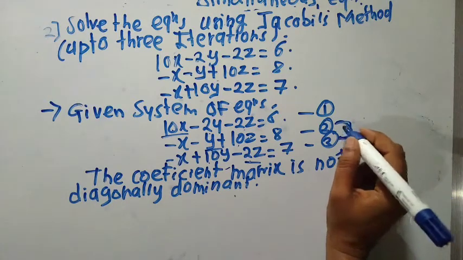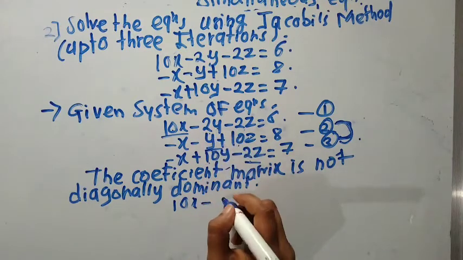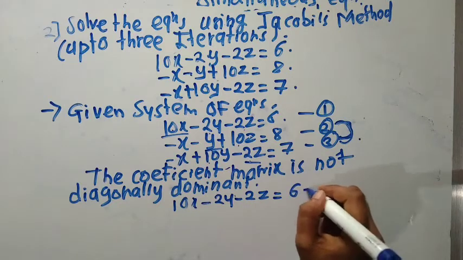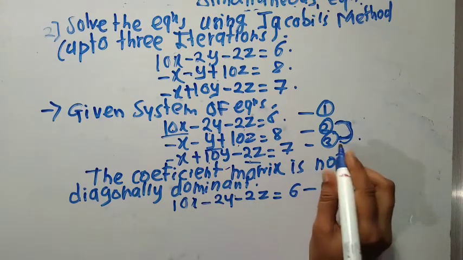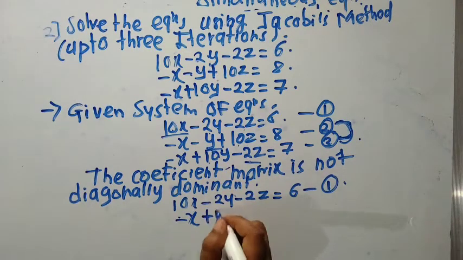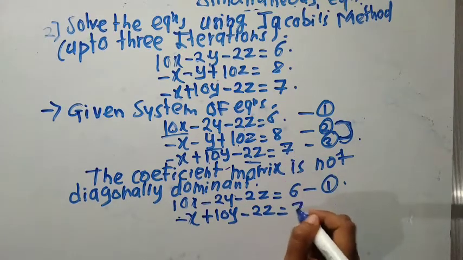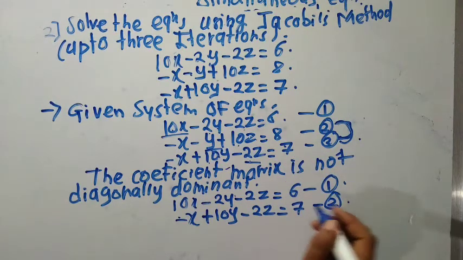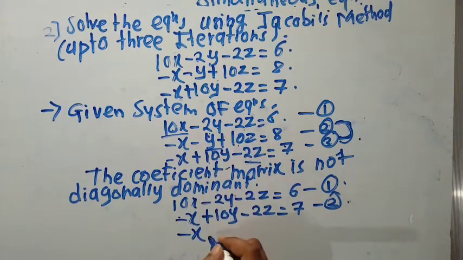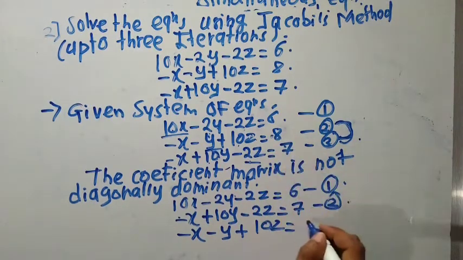So interchanging the 2 and 3 equation, we get 10x minus 2y minus 2z is equal to 6. Then the third equation written as second: minus x plus 10y minus 2z is equal to 7. Then the second equation written as third: minus x minus y plus 10z is equal to 8.